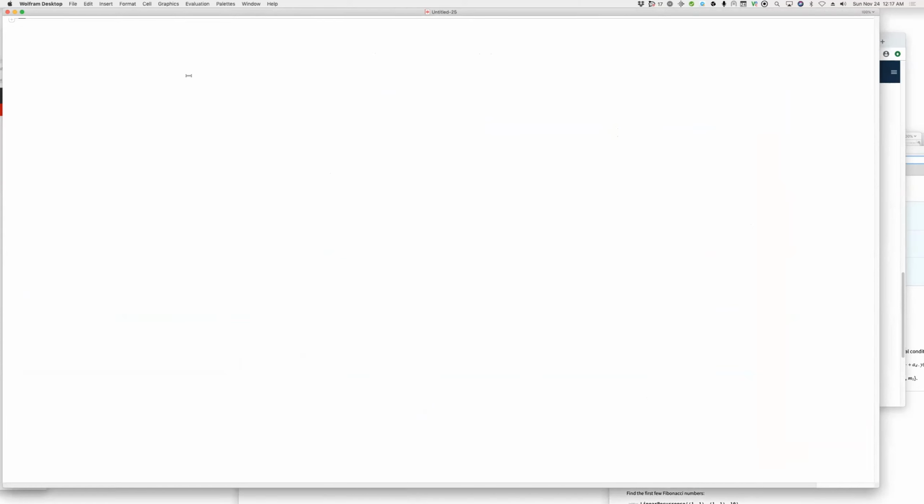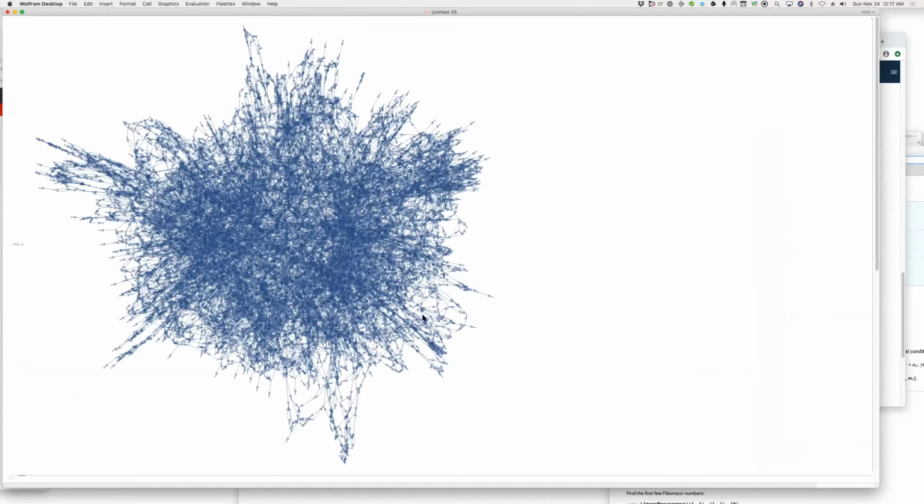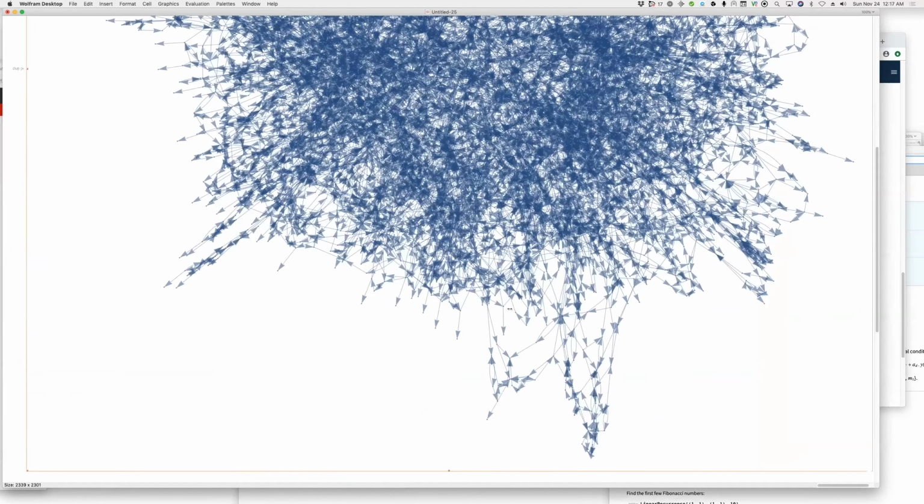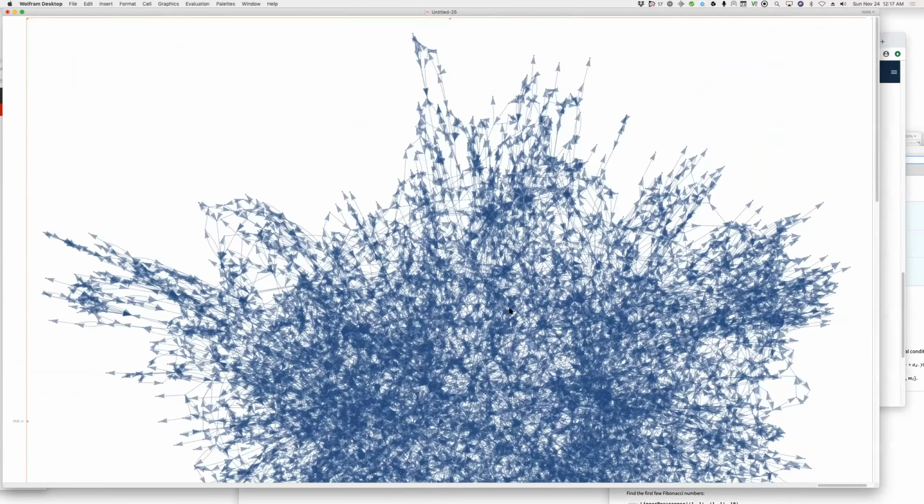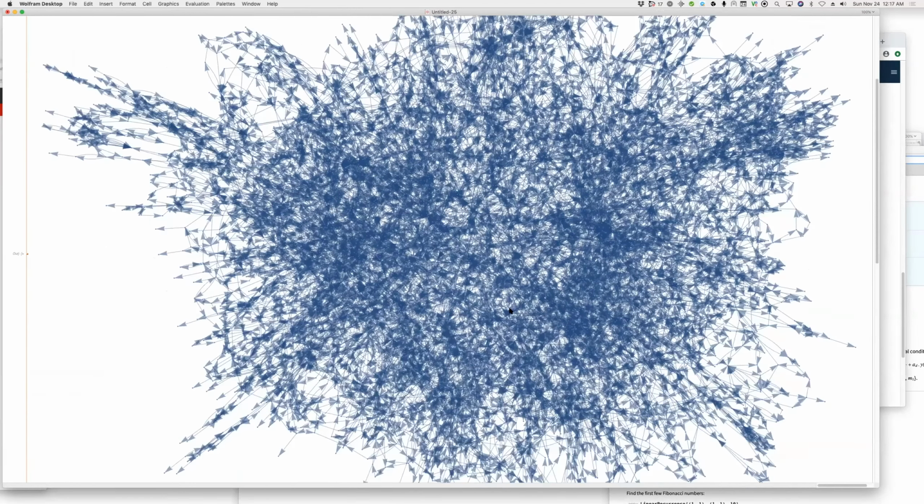If it's three-dimensional, we should see something reasonable in 3D. Oh my gosh, it's the big splodge. Well, it's not necessarily embeddable into Euclidean 3D space.